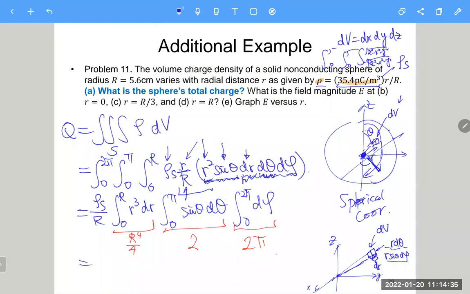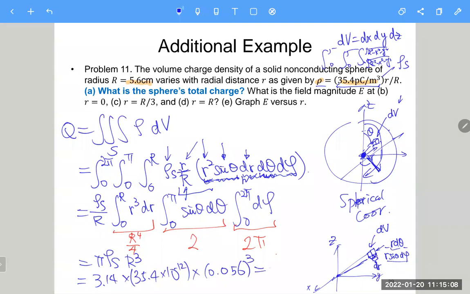So the final answer will be pi rho s R cubed, and then we can just substitute the numbers. Pi is 3.14, rho s is 35.4 pico, which is 10 to the minus 12, and then capital R is 5.6 centimeters, which is 0.056 cubed.